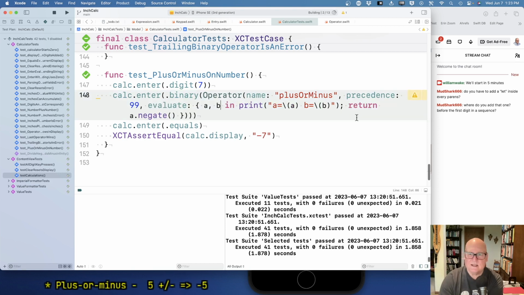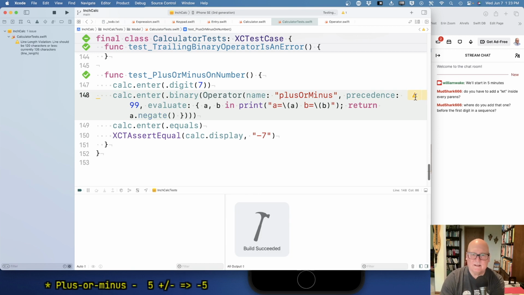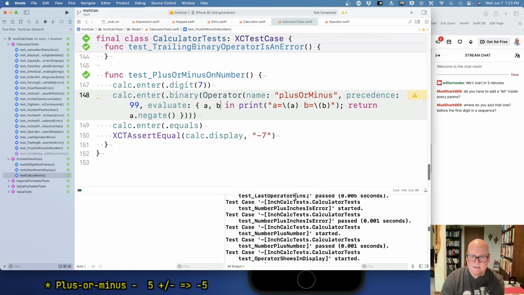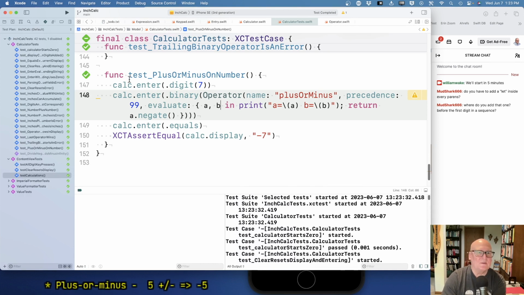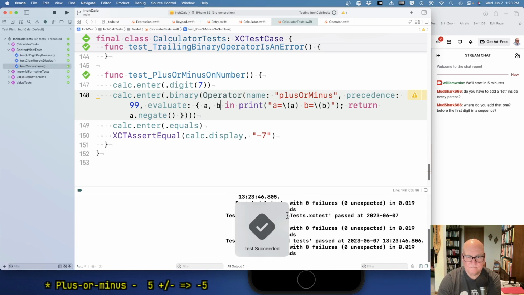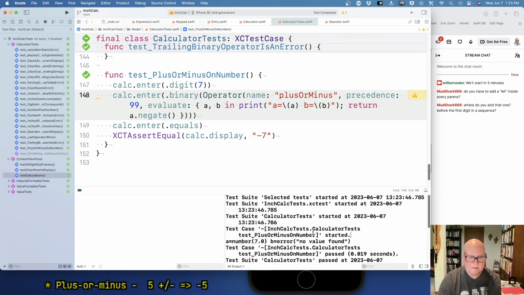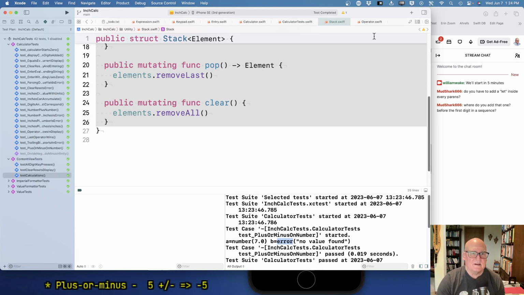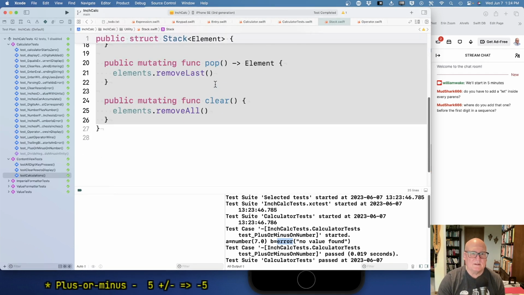Yeah, I just don't like not trusting it. All right. Let me just run the one test. No value found. Okay, we made our stack produce that error if there's nothing in it. All right, yeah, I'd kind of forgotten that. Stack, pop, element remove last.